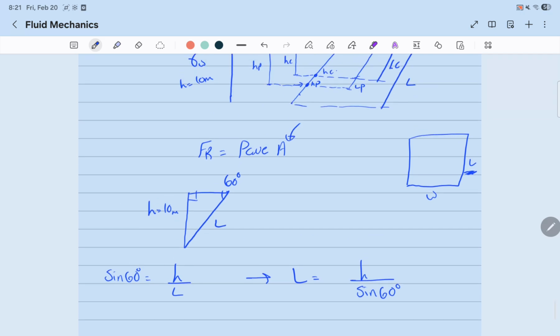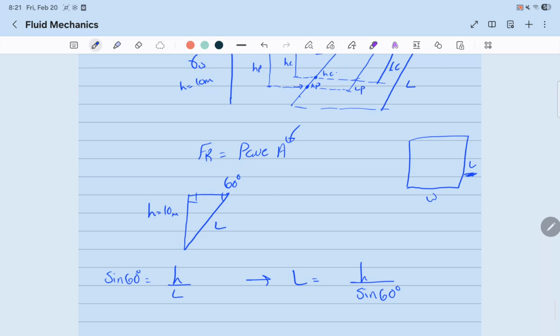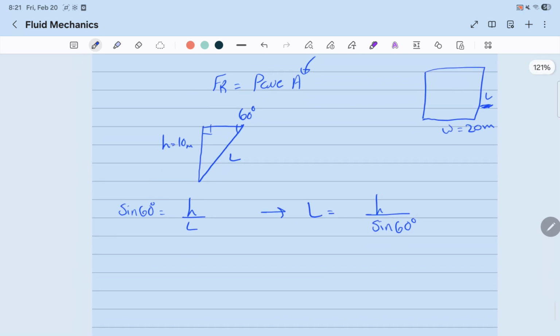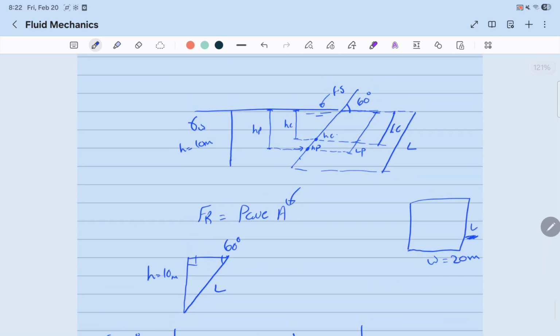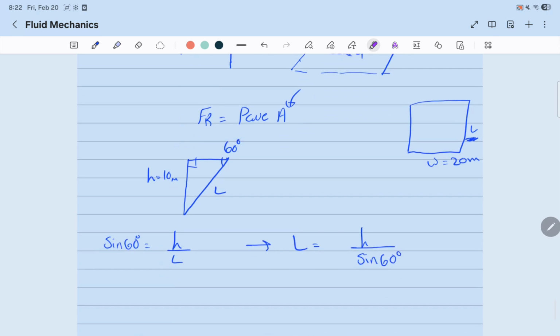Okay? And with that step, we found L, therefore we found the area. The width is given, and it is 20 meters. Now, the second step after finding the length of the wall is to find the resultant force.